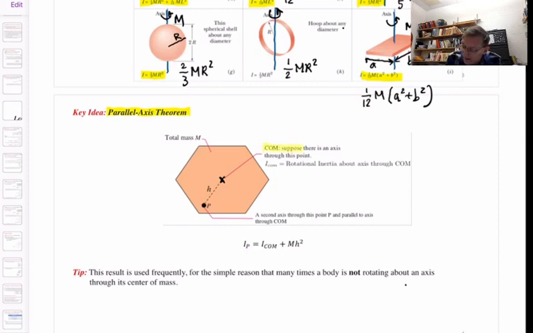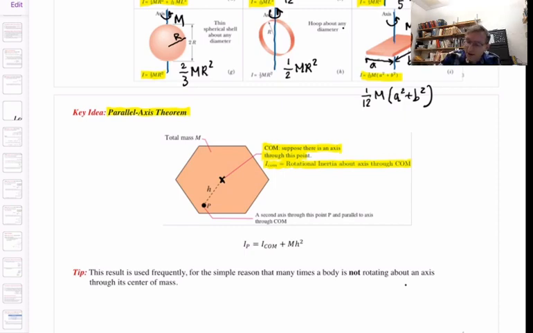If we put an axis of rotation through that point and it's spinning about that, then you would need to use for I what we would call I_COM, the rotational inertia about an axis through the center of mass. And if the table I just showed you had an entry for a regular hexagon, I could go straight to that because the table would be for the axis through the center of mass.